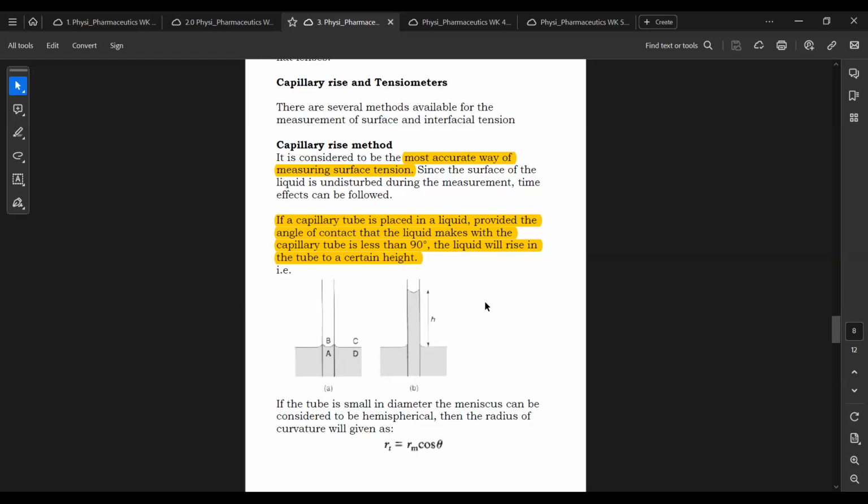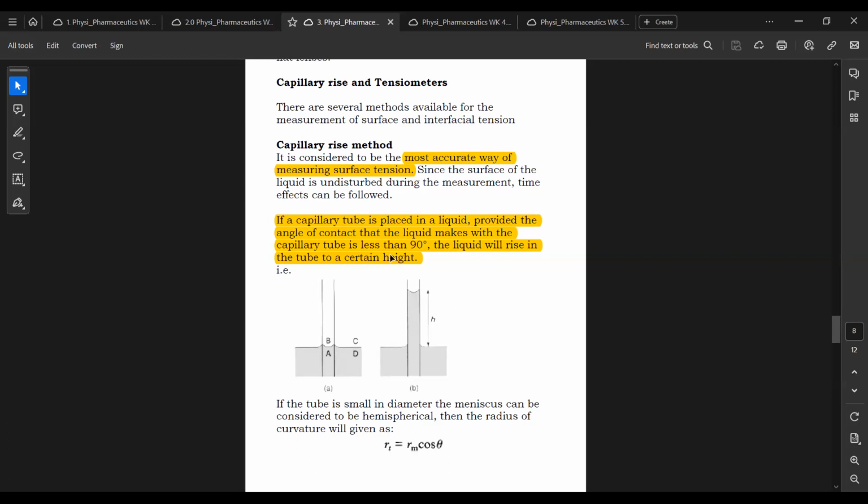And how do we get this cos theta to be less than 90 degrees? We say spreading and all that happens when the adhesion force is greater than the cohesion force.